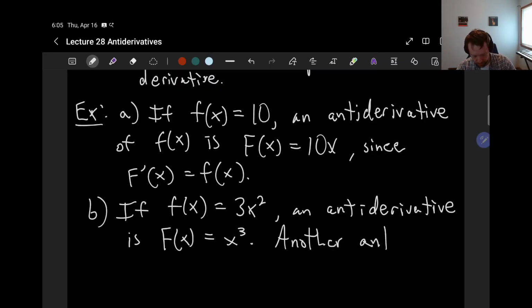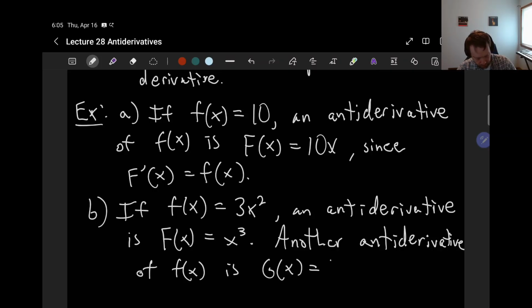Another antiderivative of f of x, let's call this capital G, is x cubed plus 1.